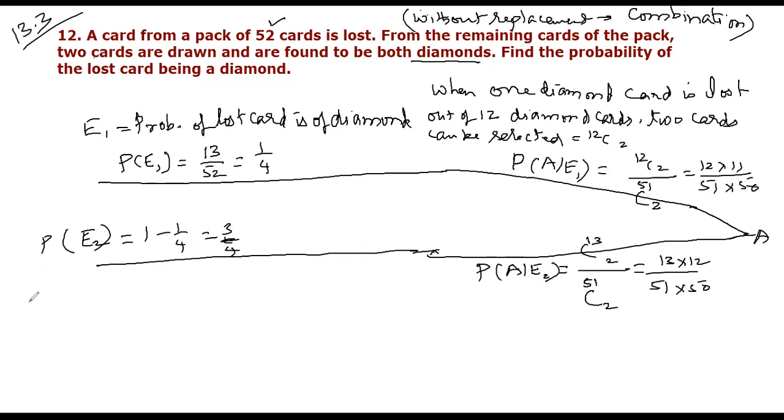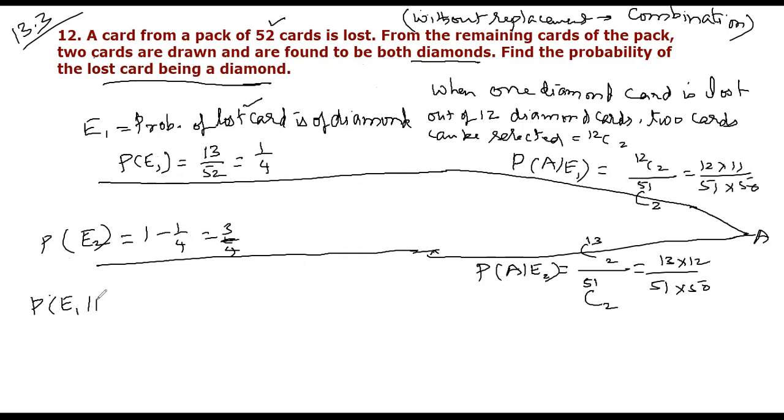Okay, sir, so why is the probability 13? The other card is also diamond, so both are diamond cards. The first card is the diamond card which is lost, and the second is also a diamond card. Lost means we are not putting it back. One card is lost, that is without replacement. That's why we are using the combination.